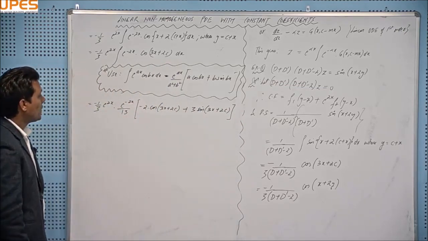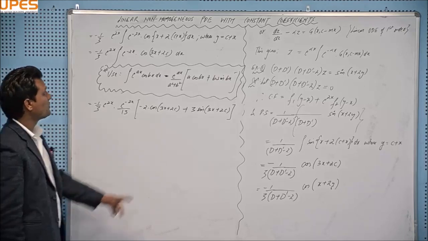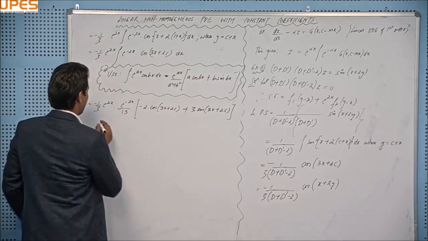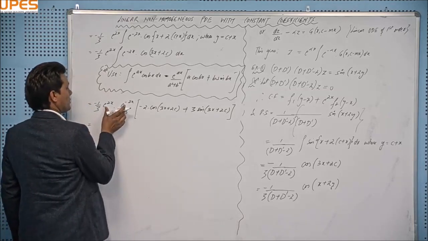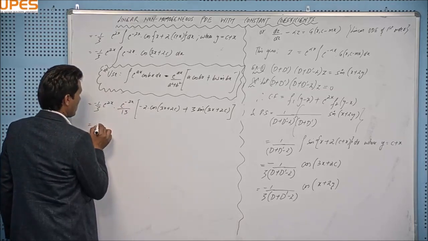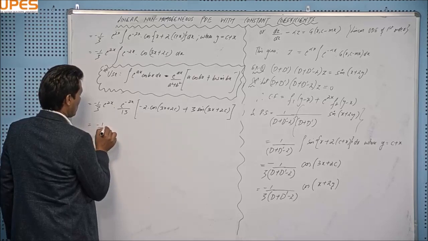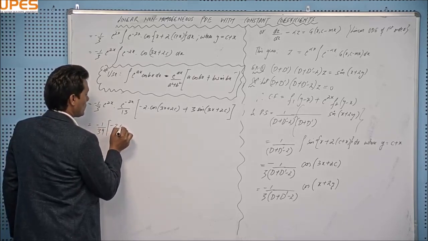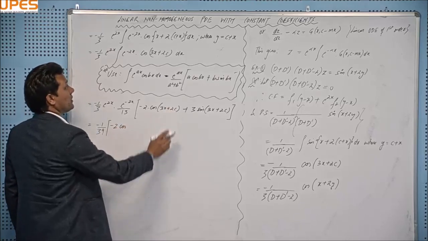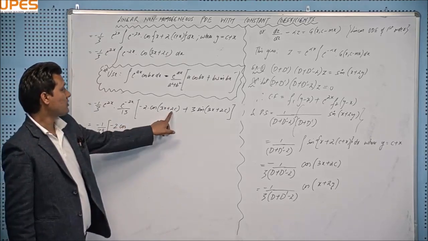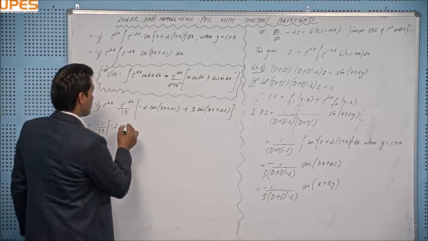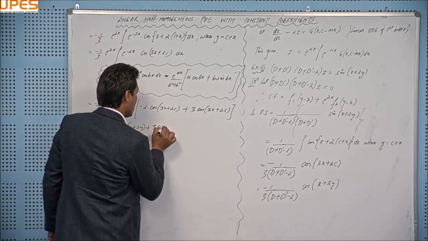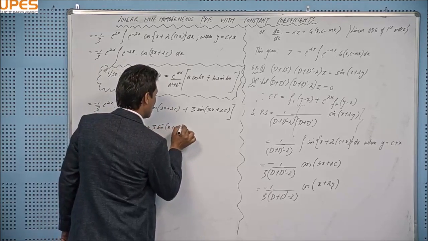Right? And then putting the value of c back. What is the value of c? That is y minus x. We will replace this c by y minus x, and ultimately I think these two will cancel out, that will give me minus 1 upon 39, and this will become minus 2 cos, and c is replaced by y minus x, so that will become 2y minus 2x, so x plus 2y, x plus 2y plus 3 times sine of x plus 2y.